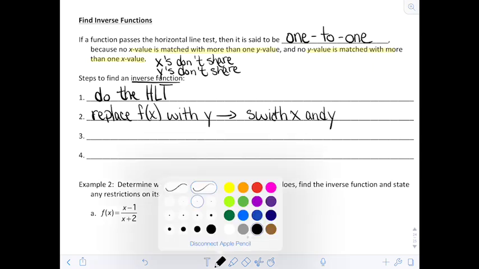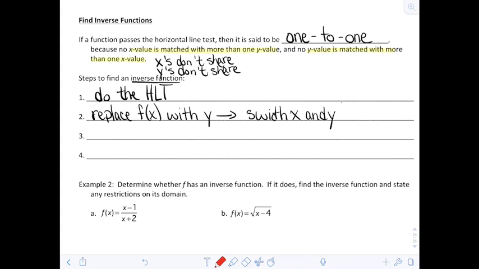Okay. Now, I want to put a little side note in here. The exception is when you have a formula. So if you have the formula for the area of a triangle or a circle, or you have the formula for converting Fahrenheit to Celsius, if you need to find the inverse, you do not switch x and y or the variables.